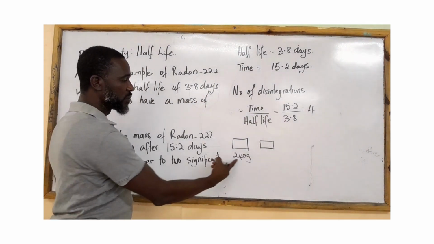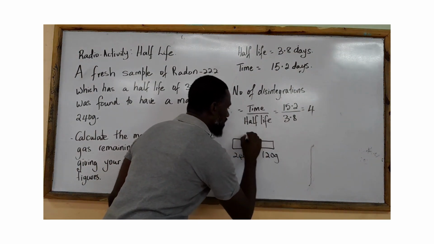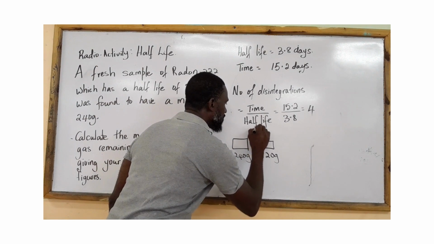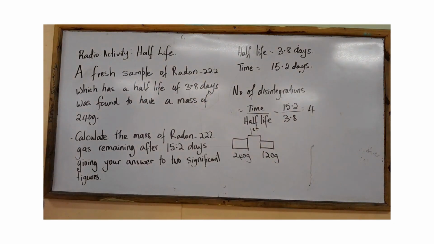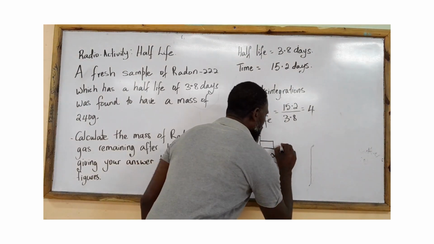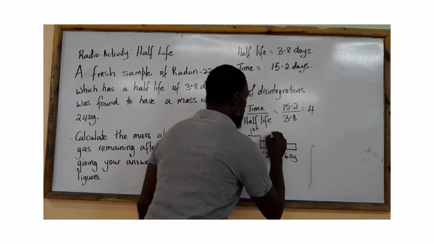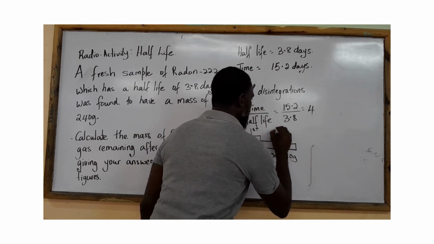Half of 240 grams is equal to 120 grams. So that's the first disintegration. Now, the second disintegration will move from 120 grams to 60 grams. So that's the second disintegration.